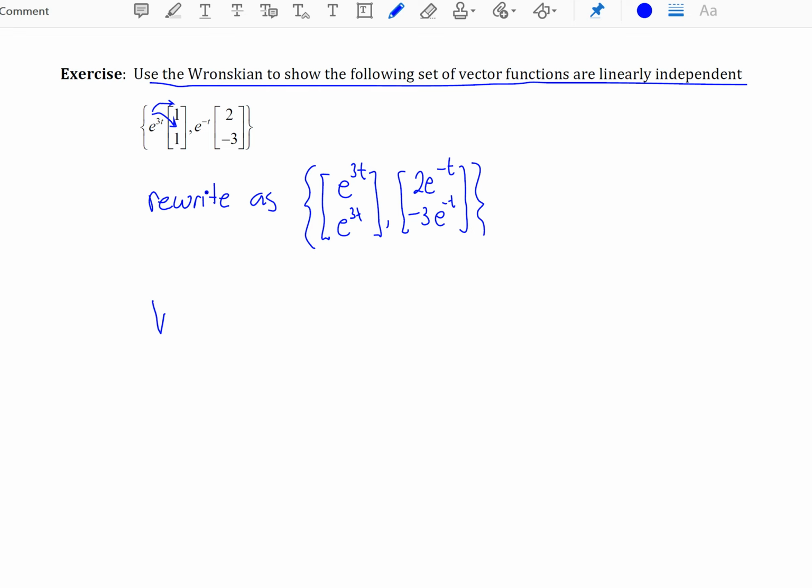So let's look at the Wronskian of each of these vectors by creating a single matrix where these appear as the columns.